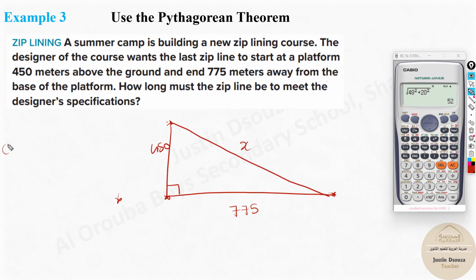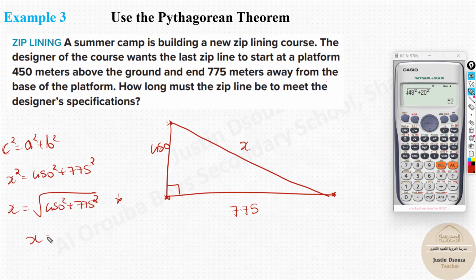So c squared equals a squared plus b squared. Taking c as x, x squared equals 450 squared plus 775 squared. Take the square root on both sides, you get x equals square root of 450 squared plus 775 squared.